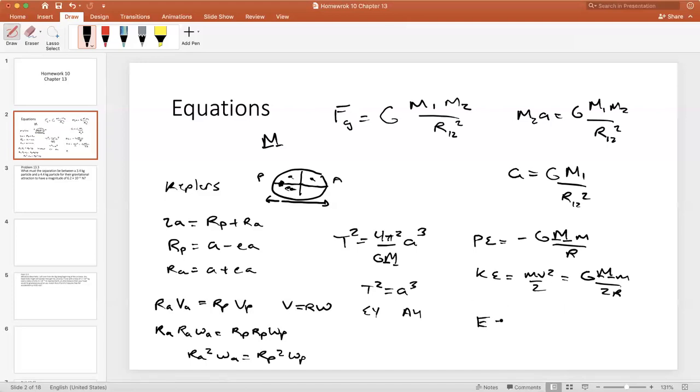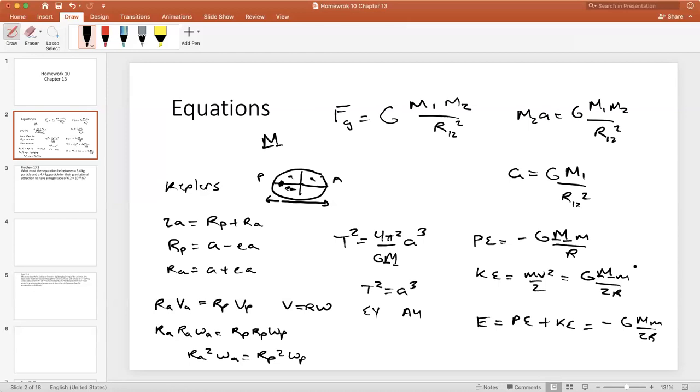And if we say that the total energy is potential energy plus kinetic, we would get GMm over 2R minus GMm over R, which gives us minus GMm over 2R, or 1/2 times the potential energy. That's where we're going to have a problem in like the 7th question that we do.